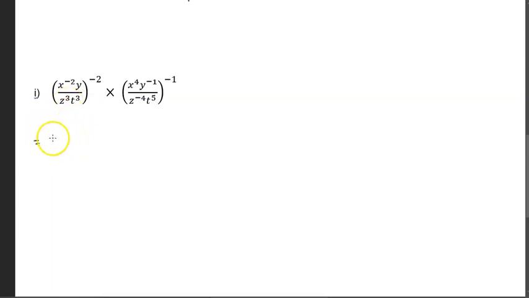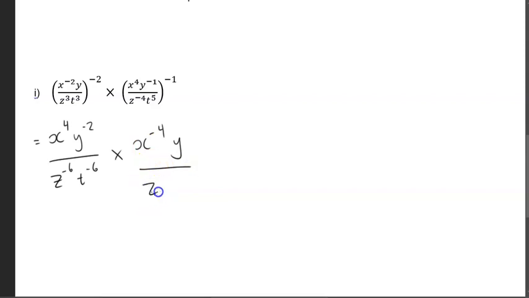Let's have a go. This will be x to the power of 4, -2 times -2, y to the power of -2, all over z to the power of -6, and t to the power of -6, all being multiplied by x to the power of -4, y to the power of 1, so we'll just leave it as y, all over z to the power of +4, t to the power of -5.